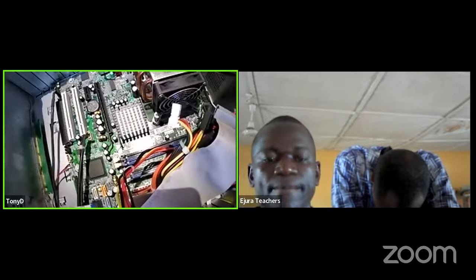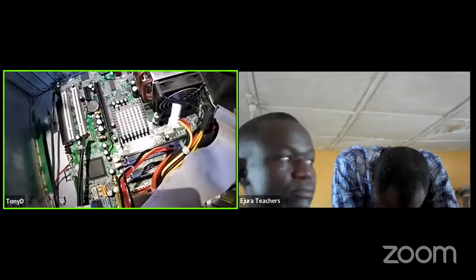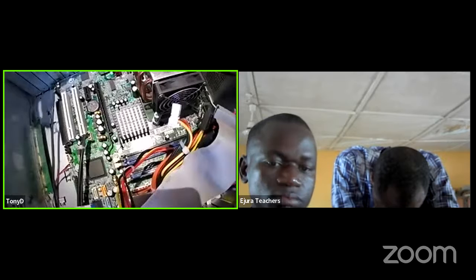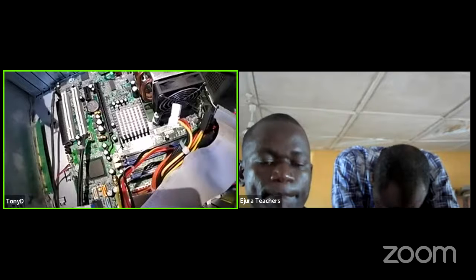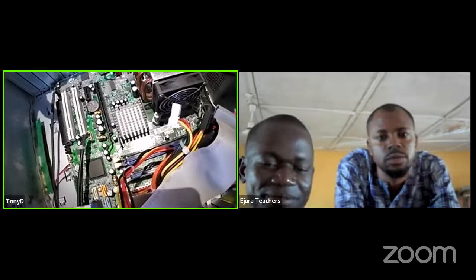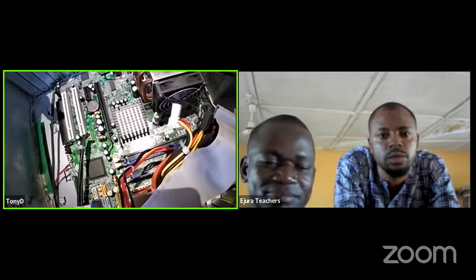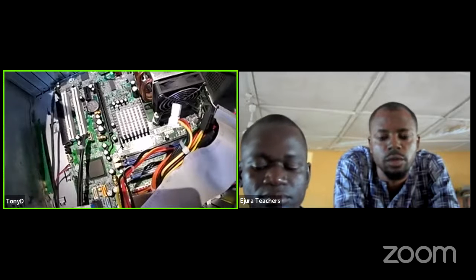So the next time that we meet, I want us to have understanding of two things, because I don't want us to call a computer a CPU. If somebody says this is a CPU, no, it is the computer. The CPU is part of the system unit.